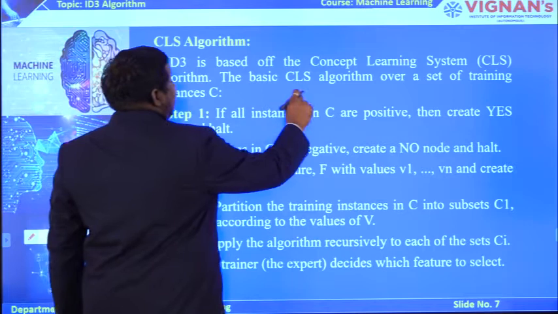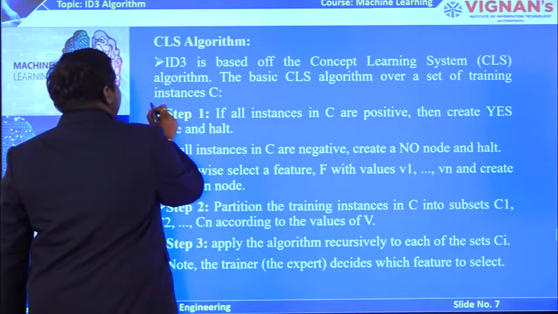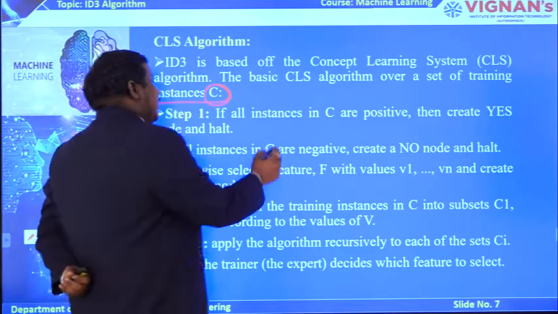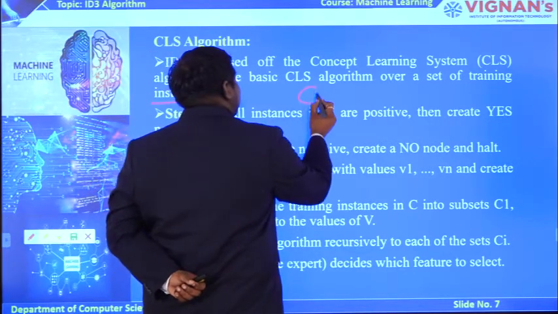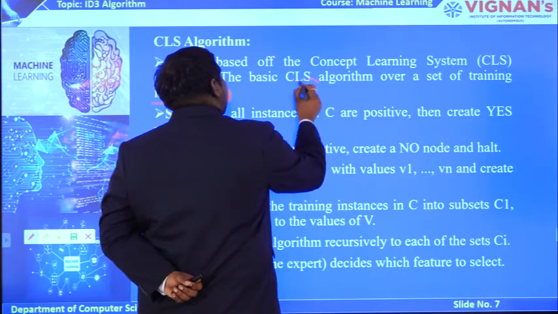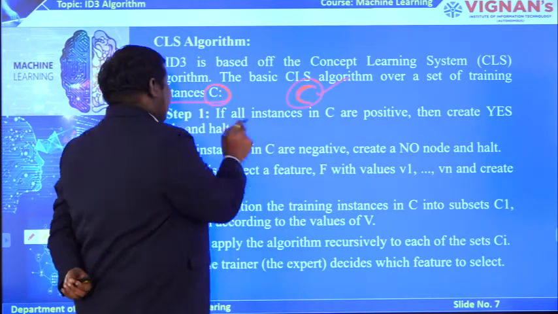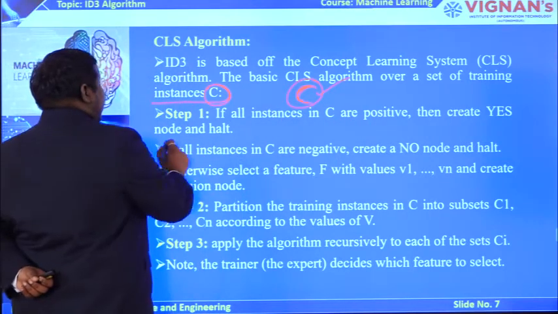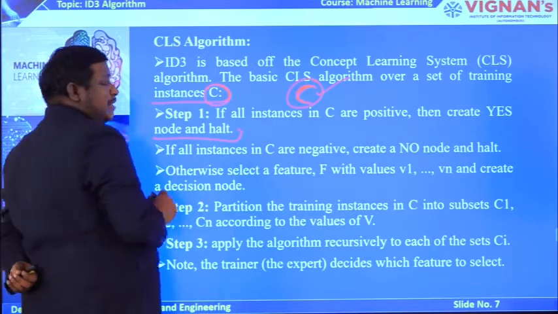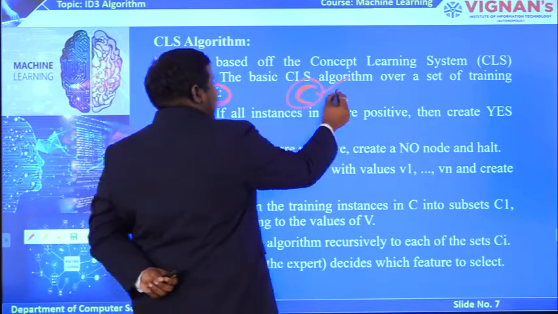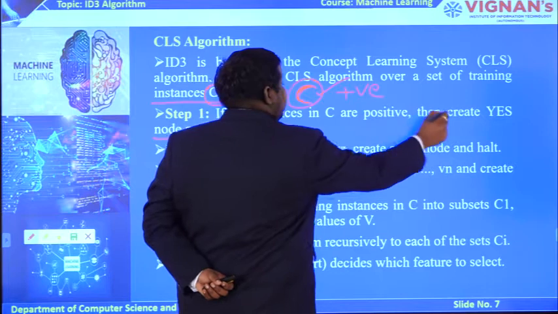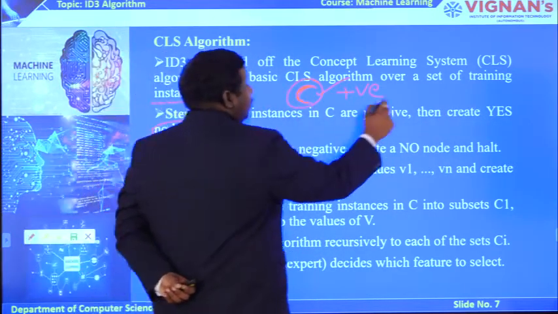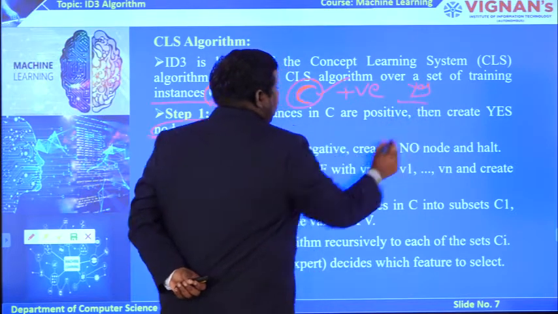ID3 is based on the basic CLS algorithm over a set of training instances C. On this set C, let us observe how the algorithm works. Step 1: if all instances in C are positive, then create a yes node and halt.